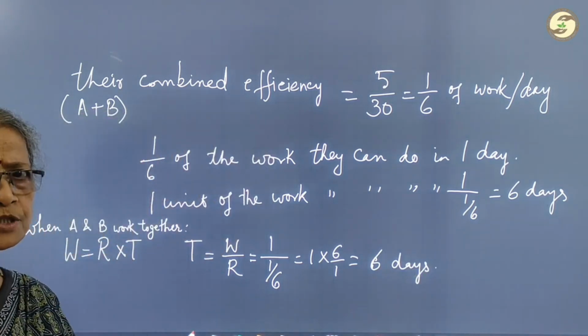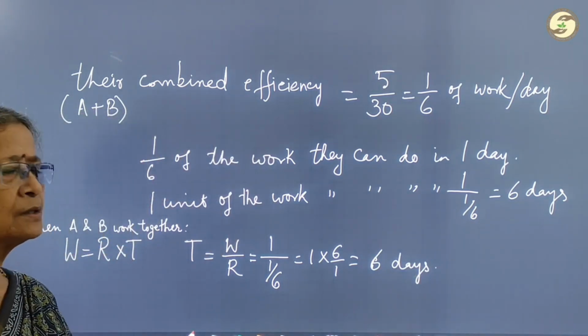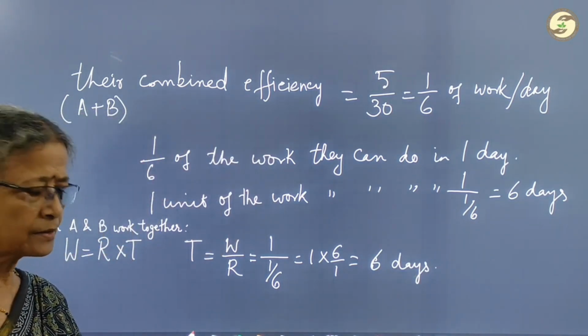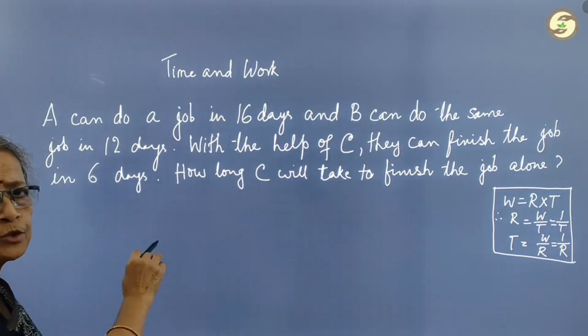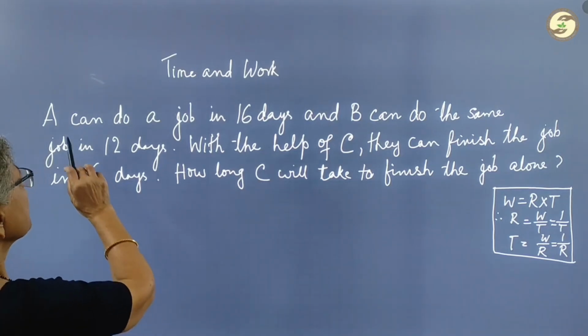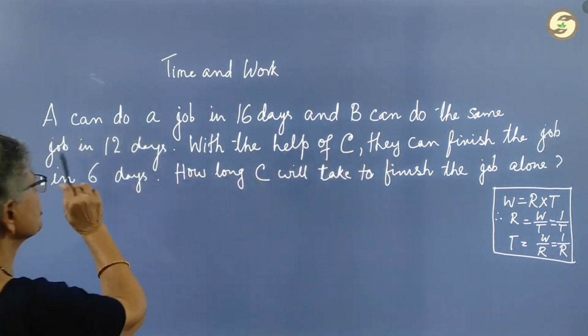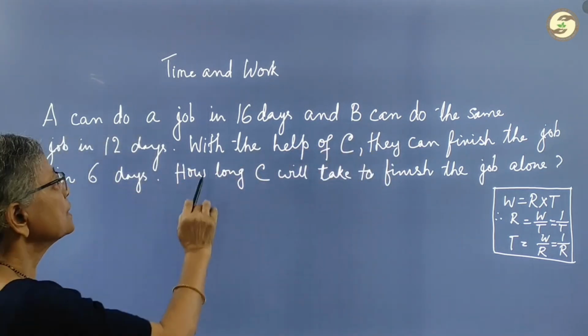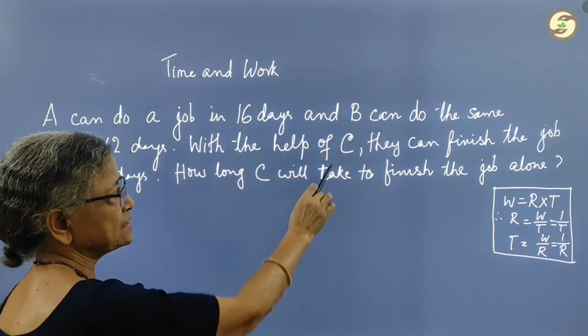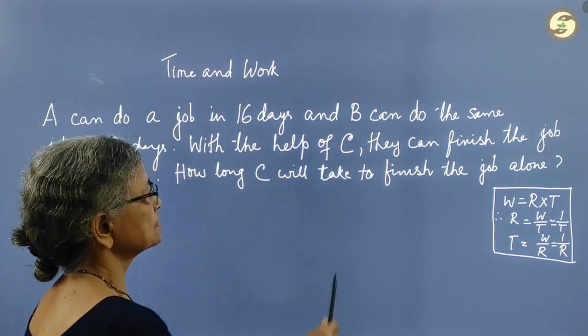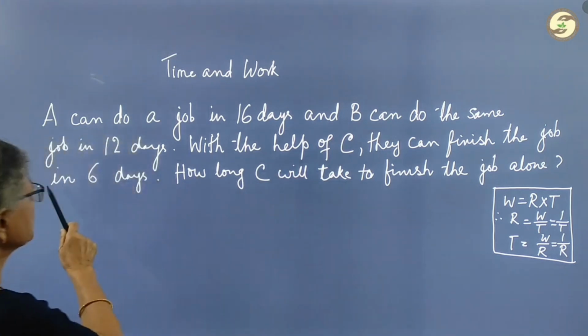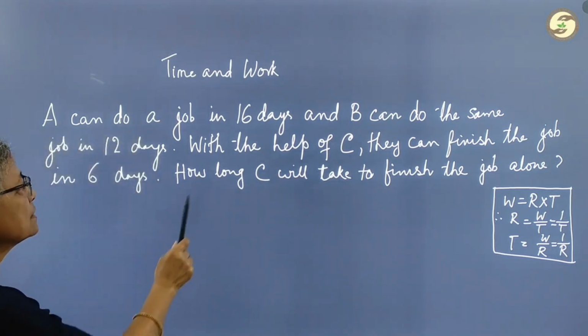We shall use another example to make it even more clear. We are trying to explain with another example. A can do a job in 16 days and B can do the same job in 12 days. With the help of C, a third person, they can finish the job in 6 days.